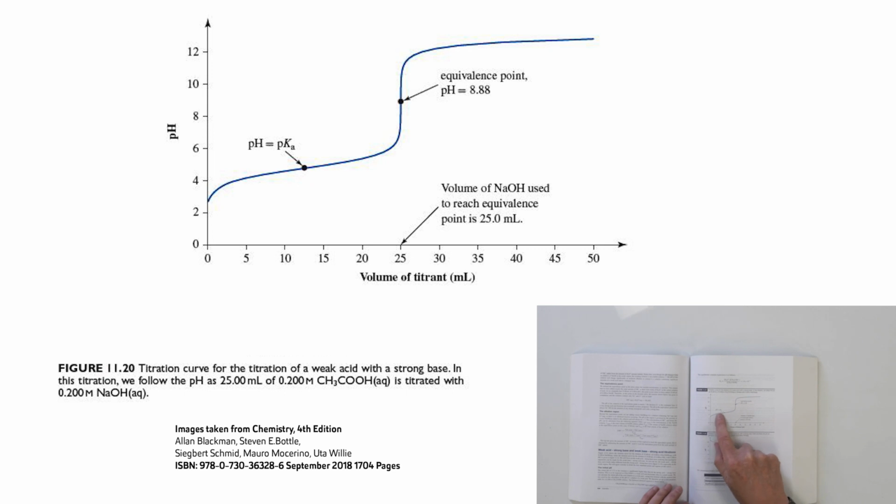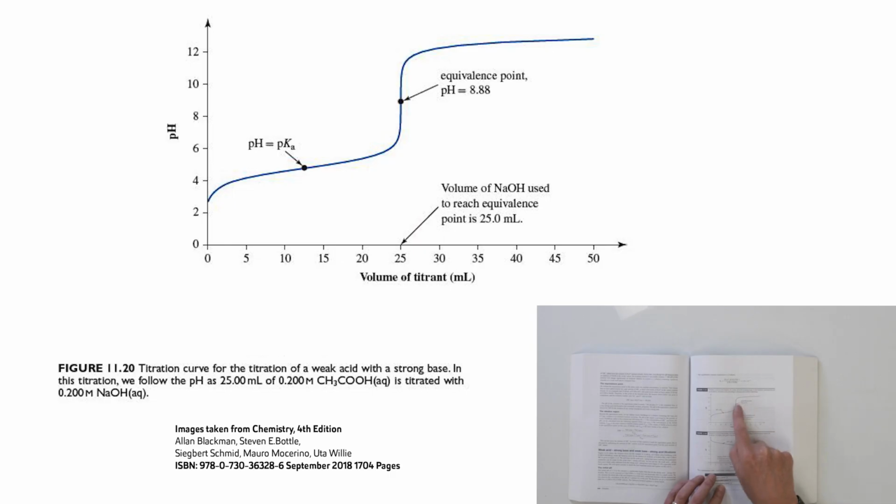We get a little bit of a curve here, and then again, as we approach 25 mils, a sudden change in pH which is not as great. And then again, in the alkaline region, relatively small change in pH because all we're doing is adding excess sodium hydroxide.